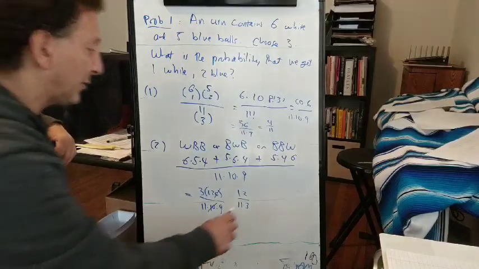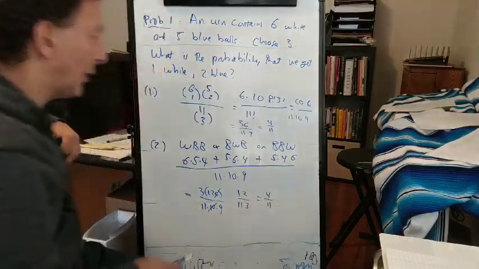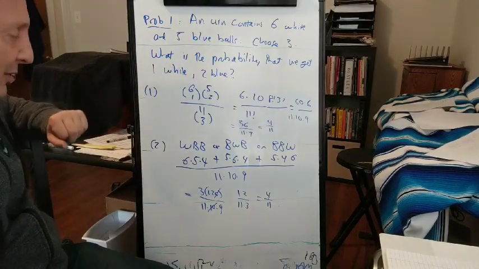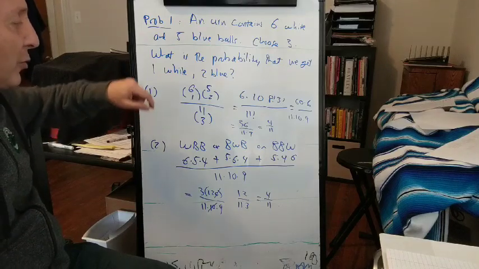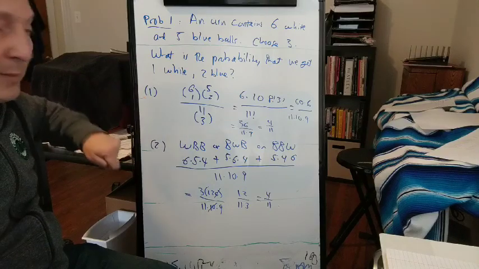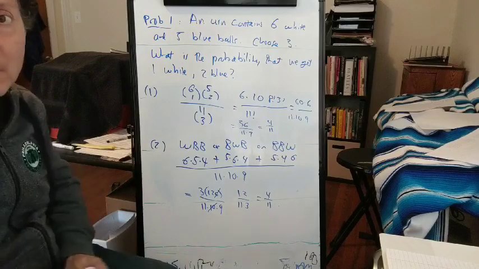The 12 over 3 is 4. So 4 over 11. So actually, we did get the same answer both times. And remember, if we're ignoring order, we have to ignore order in the numerator and the denominator. If we're remembering order, we have to remember order in the numerator and the denominator.